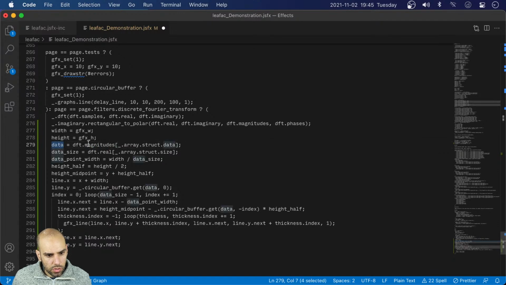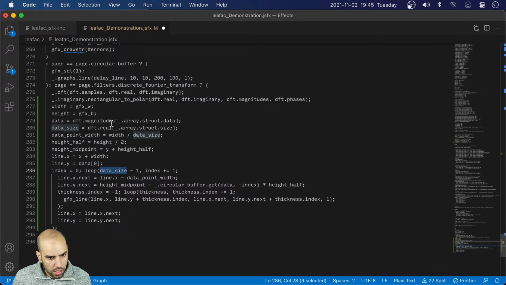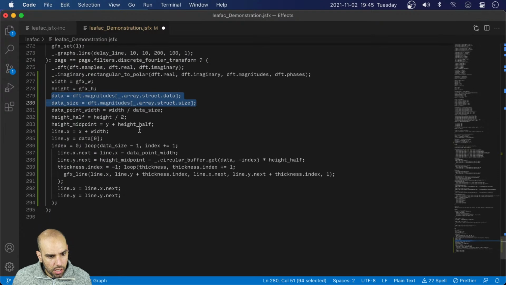That's the data that I'm going to plot. And then how do I get the data? I do it like this. The data size is correct. Oh, how about I get it from the magnitudes? So now it looks kind of nice.